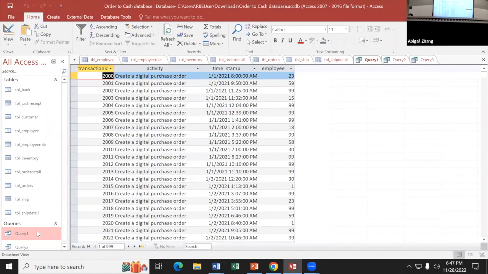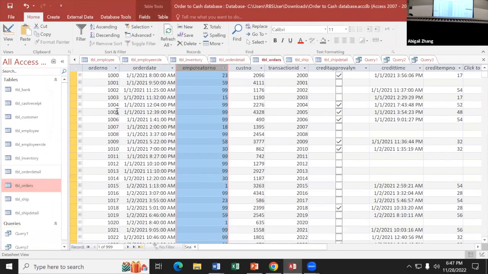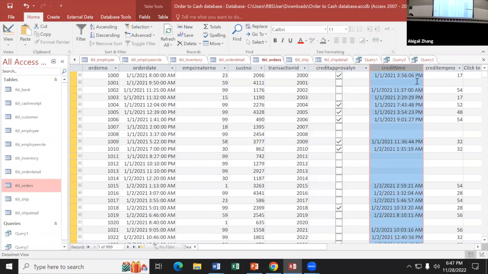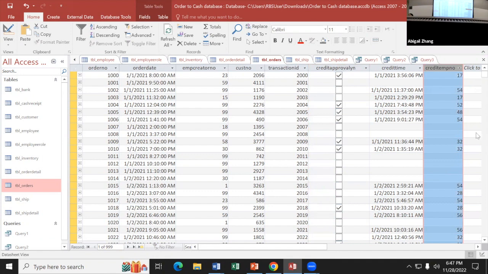If you go to the order table, then there are attributes, especially this field called credit approve YN. So this is a Boolean variable, or true or false variable, that shows whether or not this order is approved. Okay, so if there is a check mark, then it means that the order is approved or credit is approved. And then we have the timestamp here, okay, and also the employee number associated to that approval.